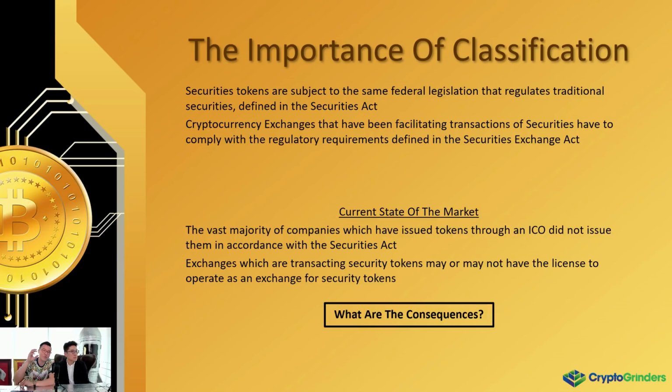So when certain tokens are classified as securities, it endangers their listing. Exchanges, especially those facilitating speculation of the tokens, have to be very wary of projects and make sure that they are defined correctly.